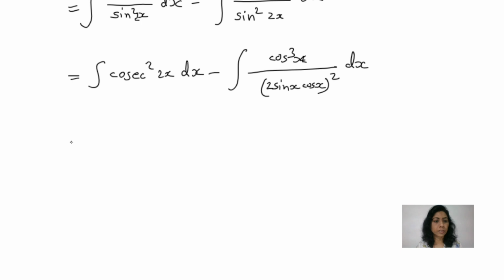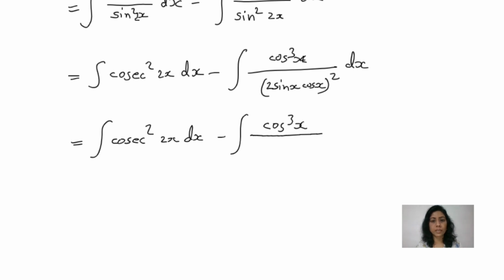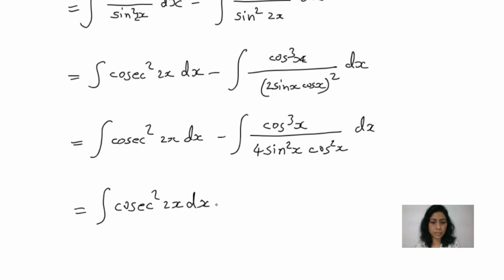Integration cosec square 2x dx minus here integration cos cube x divided by 2 square is 4, sin x square is sin square x, cos x square is cos square x dx. Okay, and this one integration cosec square 2x dx right as it is.